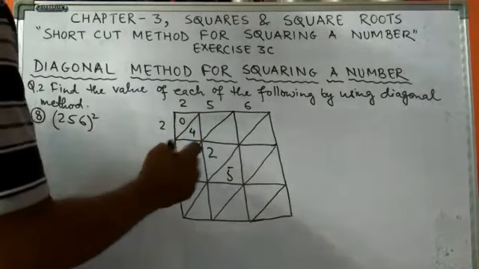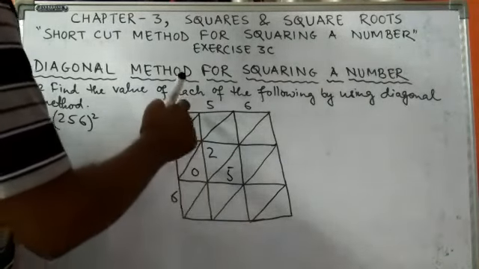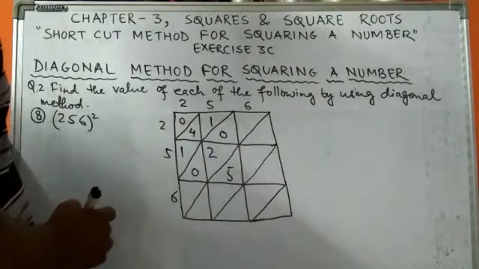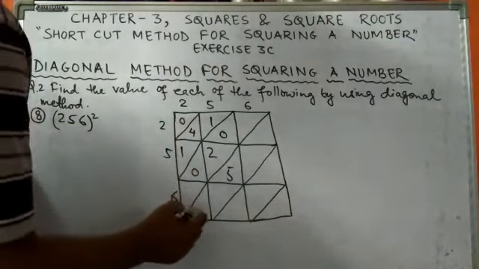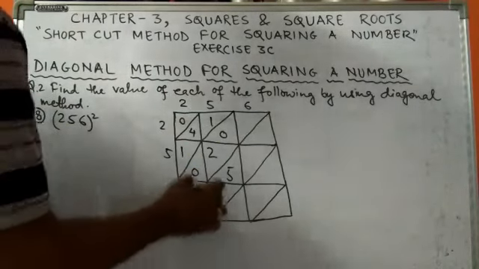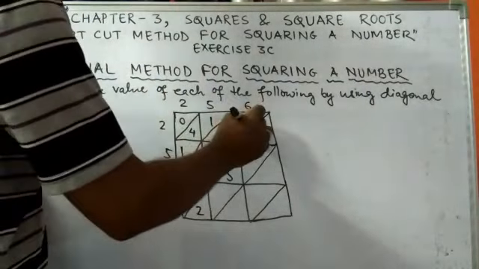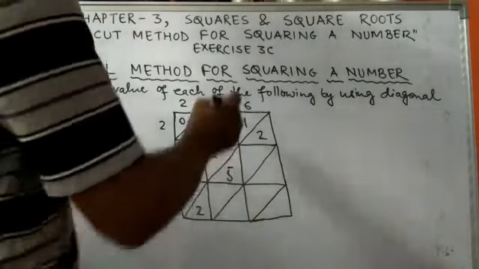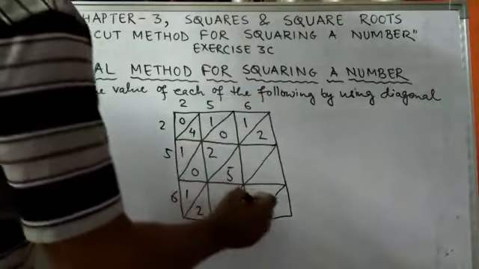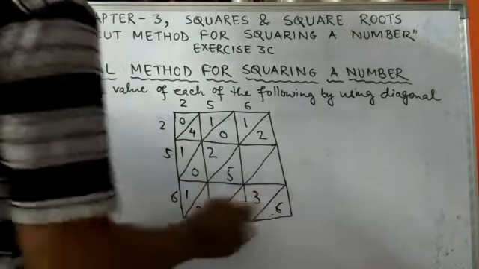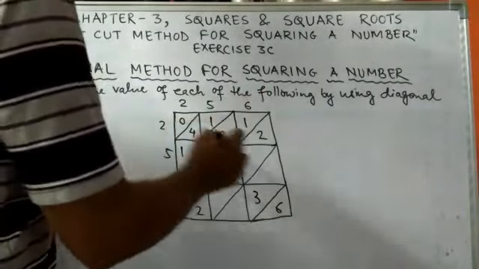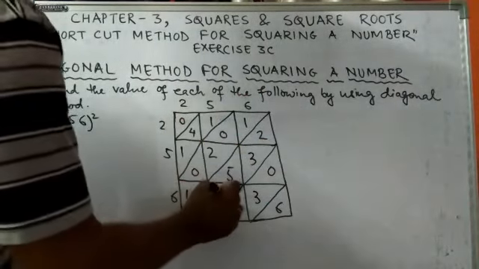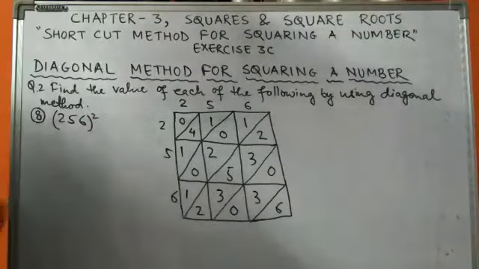Then 2 fives are 10. Then 2 fives are 10. Then 2 sixes are 12. And 2 sixes are 12. 5 fives are 25. 6 sixes are 36. 6 fives are 30, 5 sixes are 30.